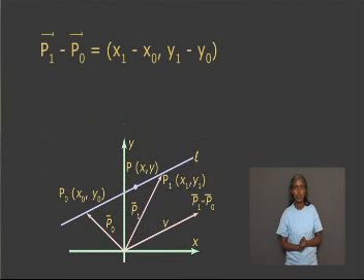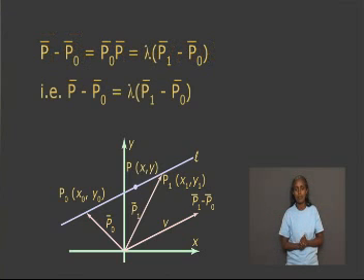You can see the line L through P0 and P1 is parallel to this vector. If P is any point on L, the position vector is obtained by this relationship. The symbol lambda represents a scalar.